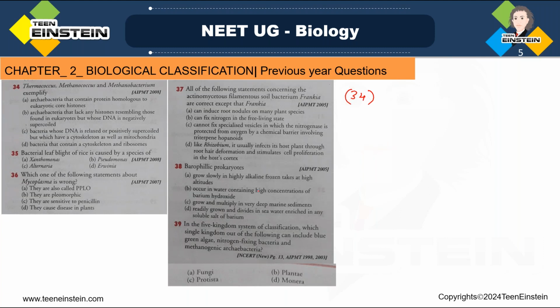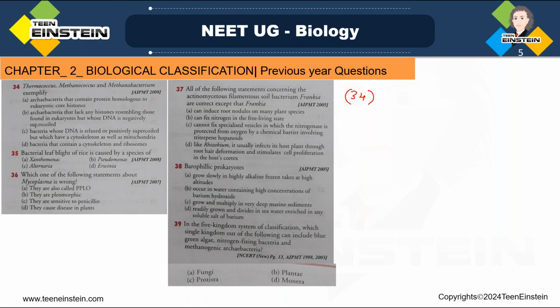The 34th question is: Thermococcus, Methanococcus, and Methanobacterium exemplify... First option, archaebacteria that contain protein homologous to eukaryotic core histones.